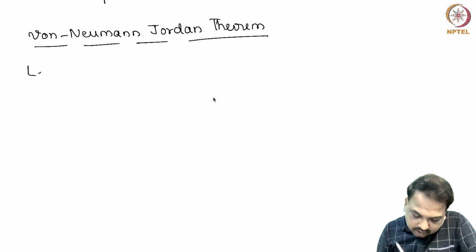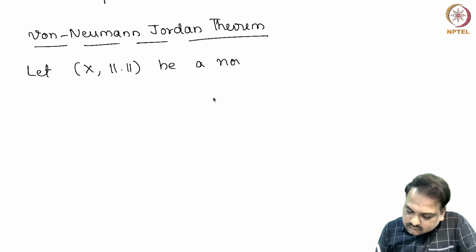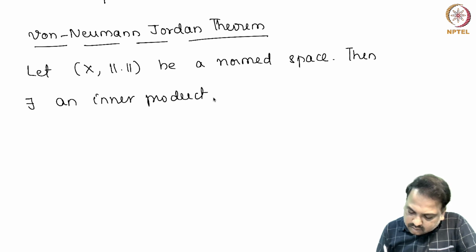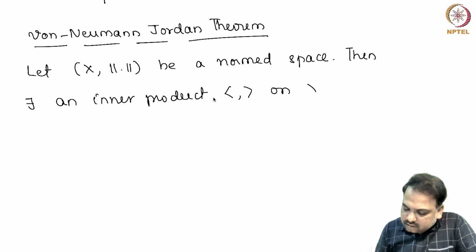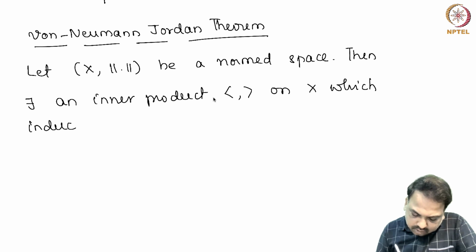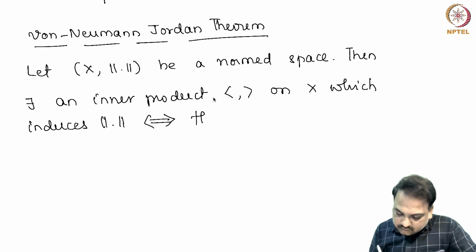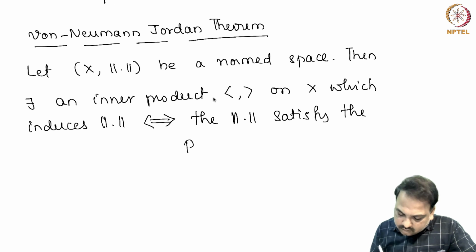It says that let X be a normed linear space, then there exists an inner product on X which induces the norm if and only if the norm satisfies the parallelogram law.